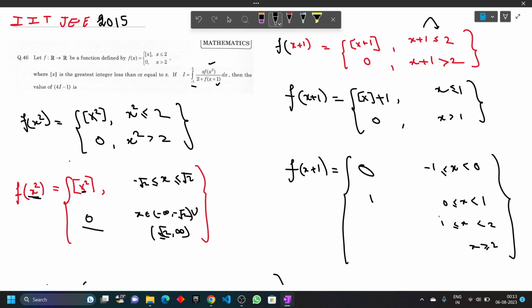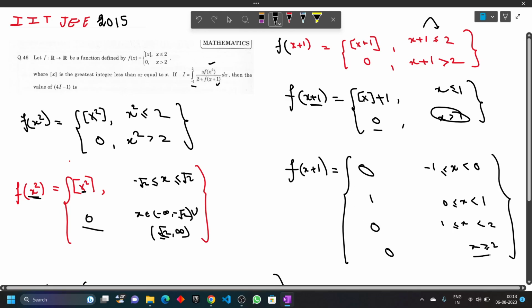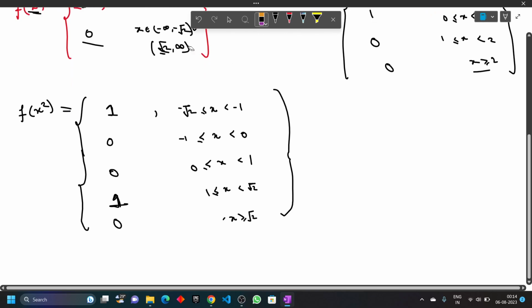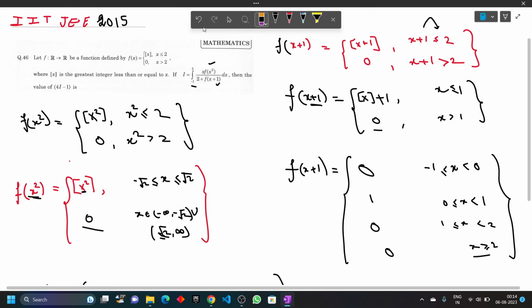And if x belongs to 1 to 2, now if x is greater than 1, then f of x plus 1 is equal to 0. So I'll just write 0 over here and 0 over here, because x is greater than 2 in this case. And if x is greater than 1, f of x plus 1 is equal to 0 according to the definition of this function. Okay. So now we have simplified the functions.